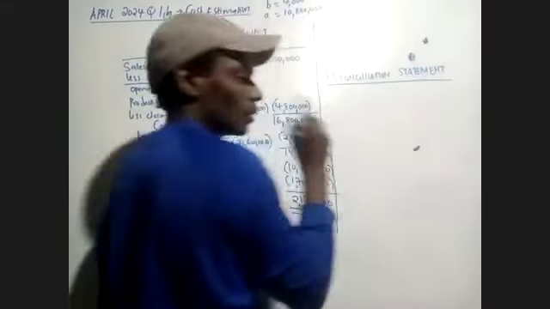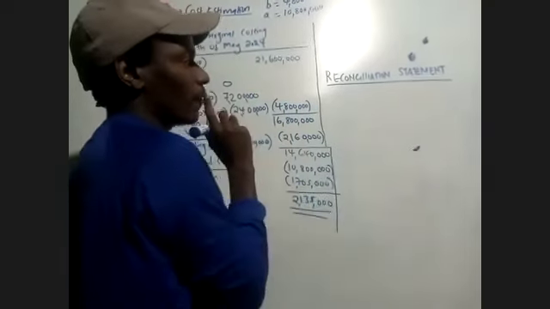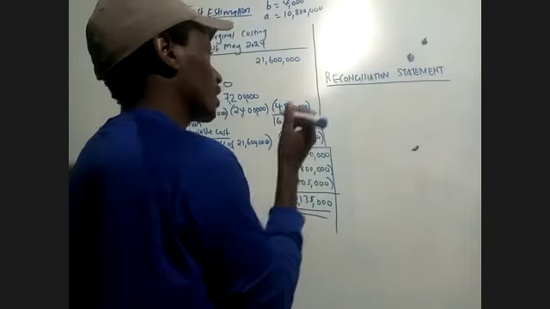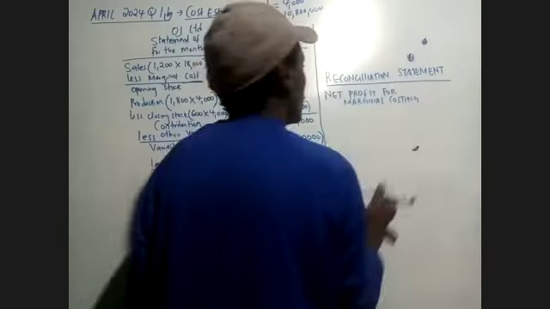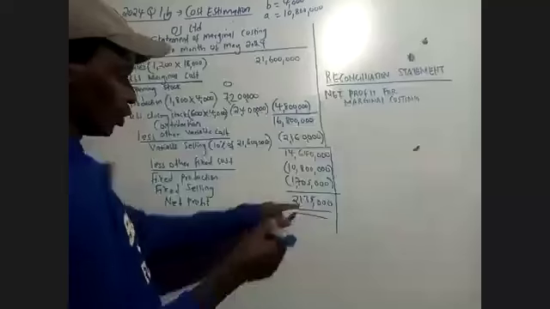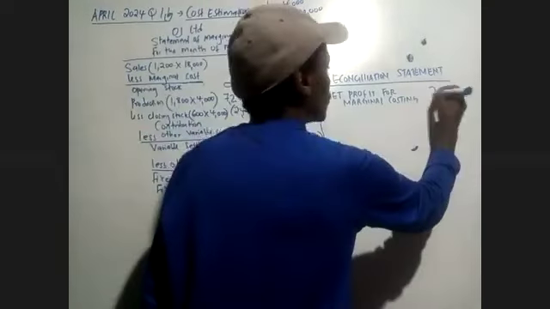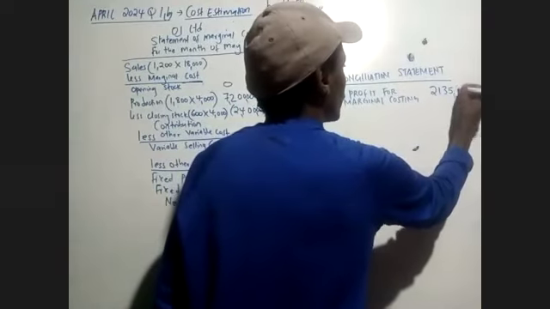So tunasema for us to do this one, we start with the marginal cost. Now our net profit from marginal cost ndio 21,35,000.